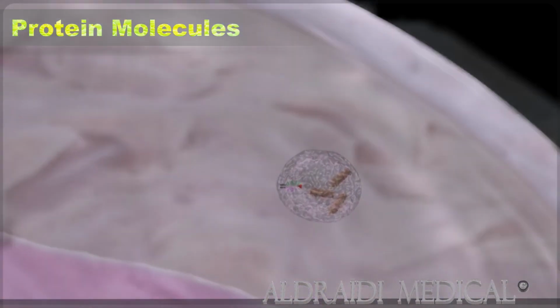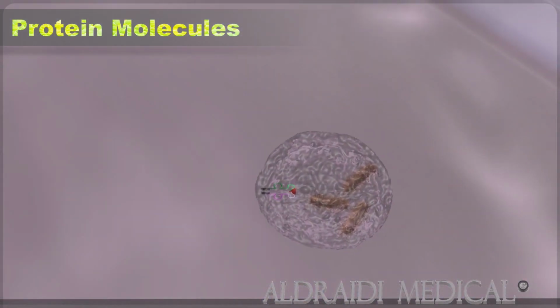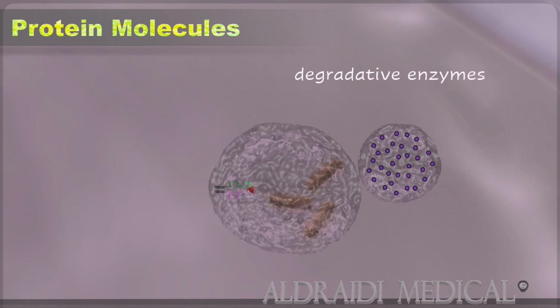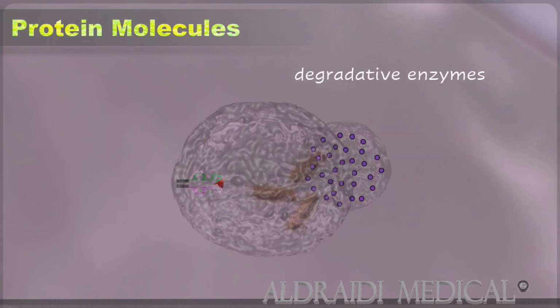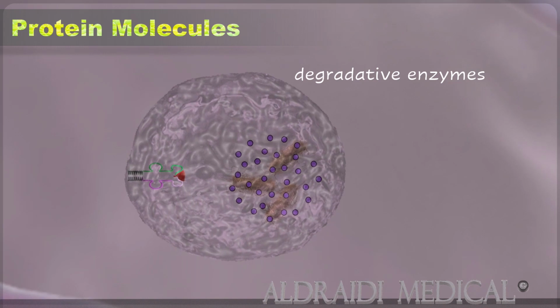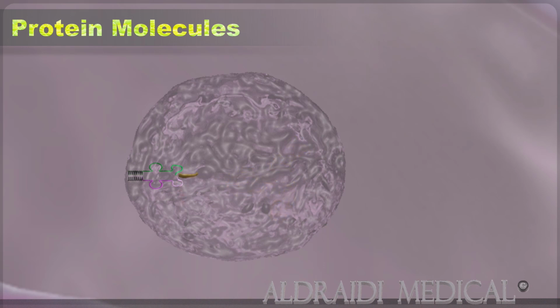Other enzymes and protein molecules are involved in breaking down the ingested material. And that's essential not only for pathogen killing, but also is crucial for initiating the adaptive immune response by the process of antigen presentation. This process also needs other protein molecules.